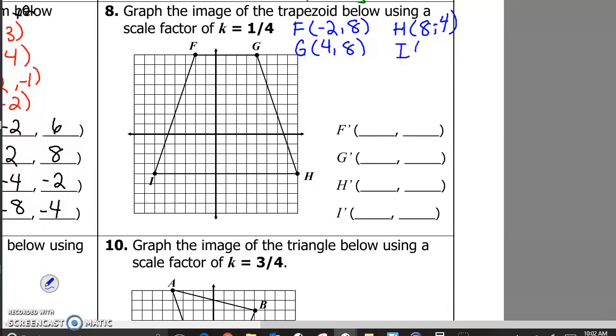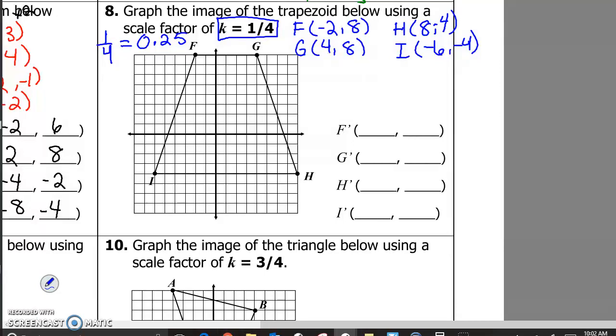And then I, which is at negative 6, negative 4. So we have a scale factor of 1/4. So we can multiply everything by 1/4, or we can multiply everything by 0.25. You choose, it doesn't matter to me. Both ways are going to get you a good answer. So go ahead and do that now.